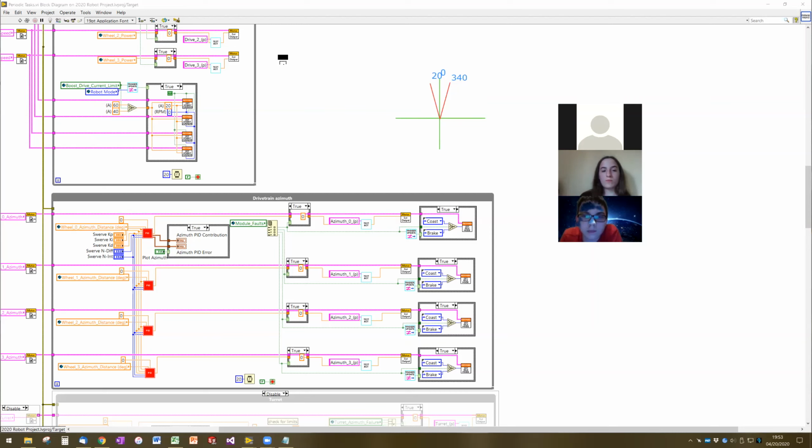And the PID algorithm code just does a simple subtraction. So it just subtracts the goal from the process variable. It doesn't handle angles well.